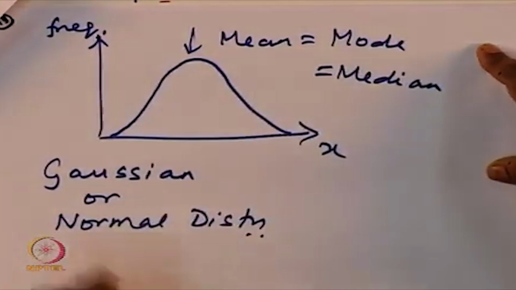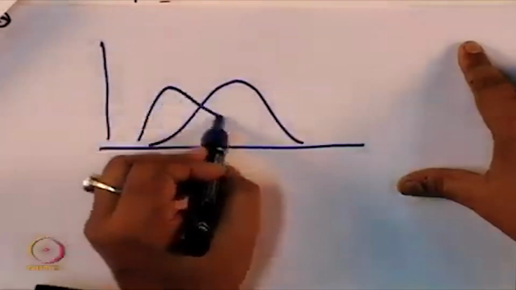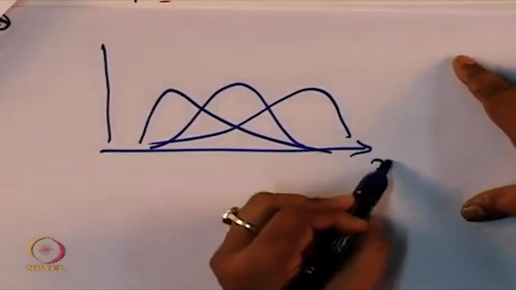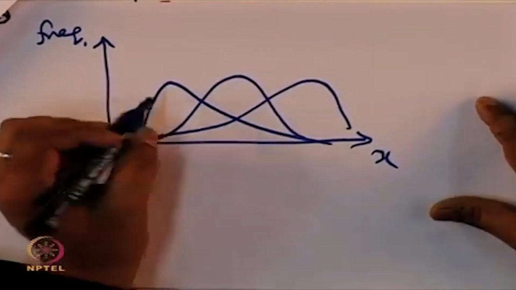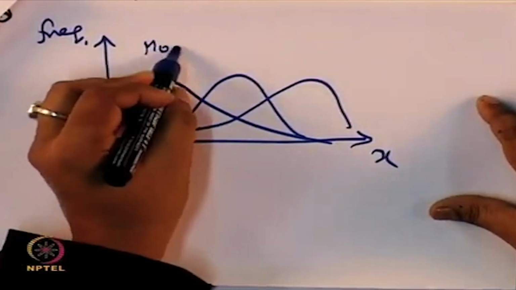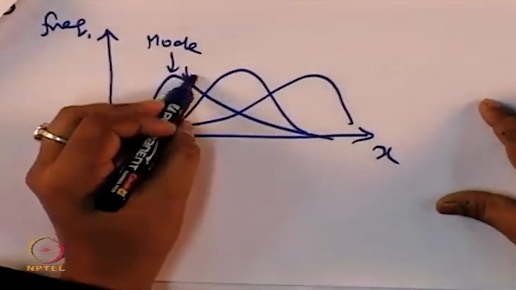But for all other cases, in general, this is one particular case, but your data might look like this or like this. Okay. So, this is x and this is frequency. In this case, for example, let us say this is my mode. My median is right in the middle, probably somewhere here.